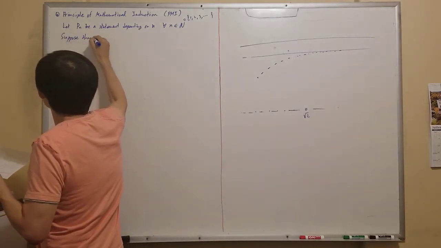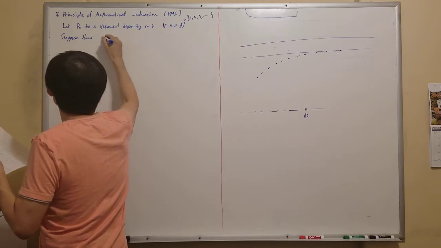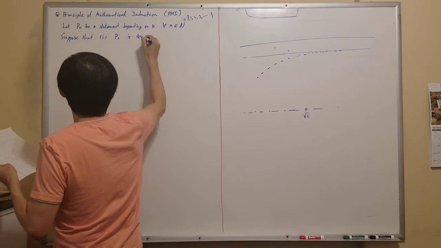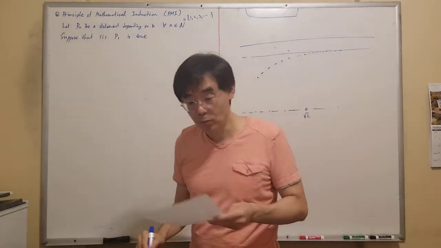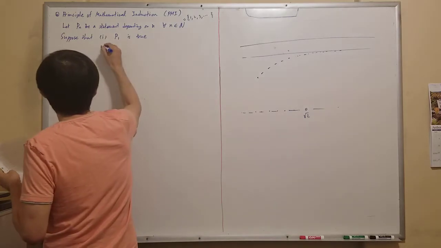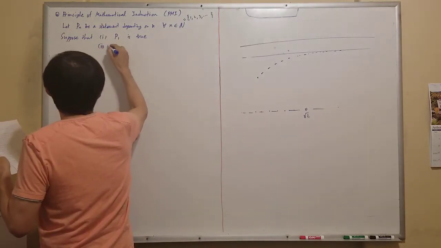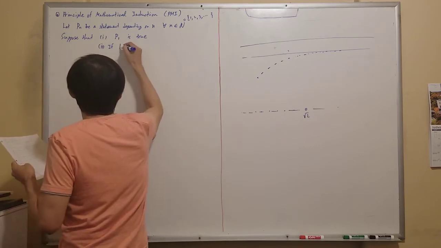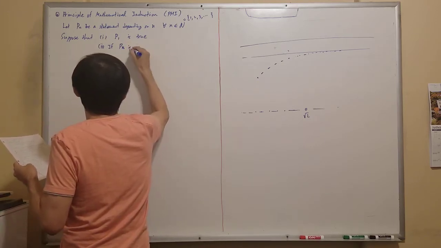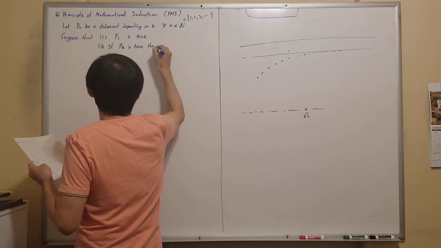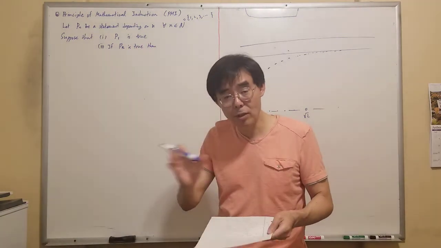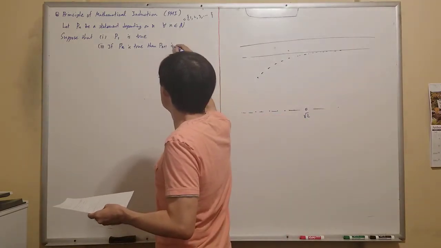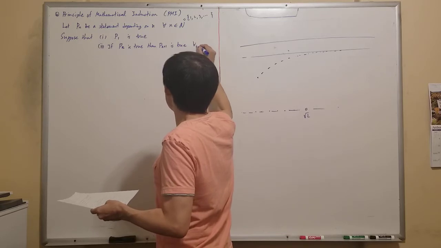Suppose that, first, somehow we can show that P1 is a true statement. P1 is true. Second, if P_k, any k statement, is true, then somehow from the relations among those statements, P_(k+1) is true for any k.